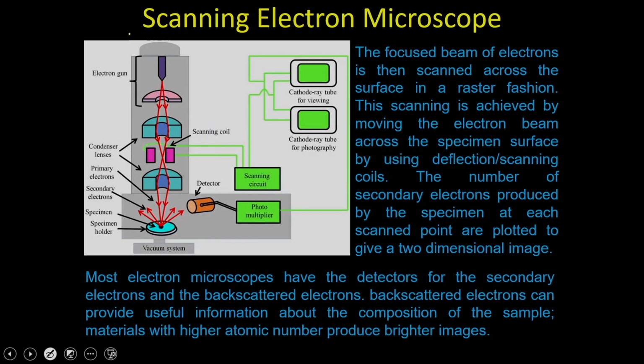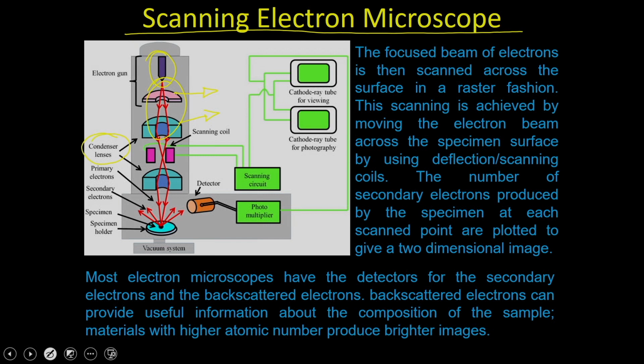So, in the scanning electron microscope, you have the electron gun. The electron gun generates the electrons, and then there are magnetic coils. The job of these magnetic coils is only to focus the electrons coming from the electron gun, and then you have a condenser lens.